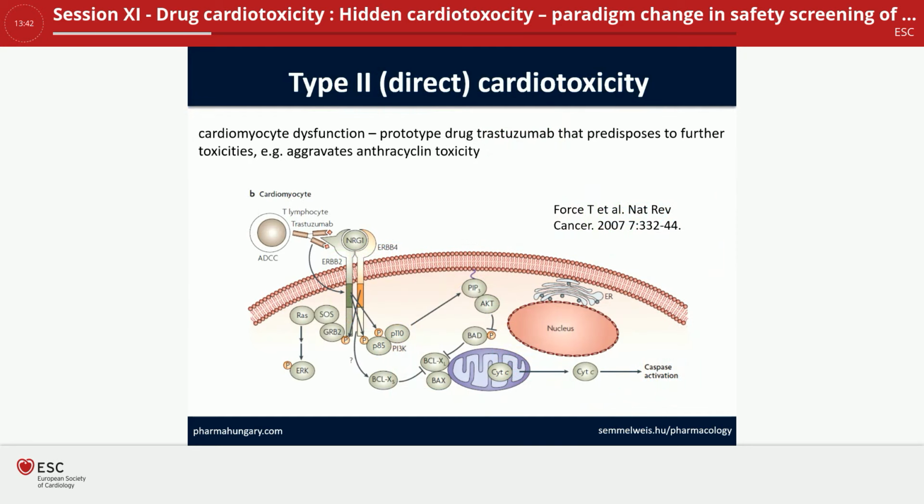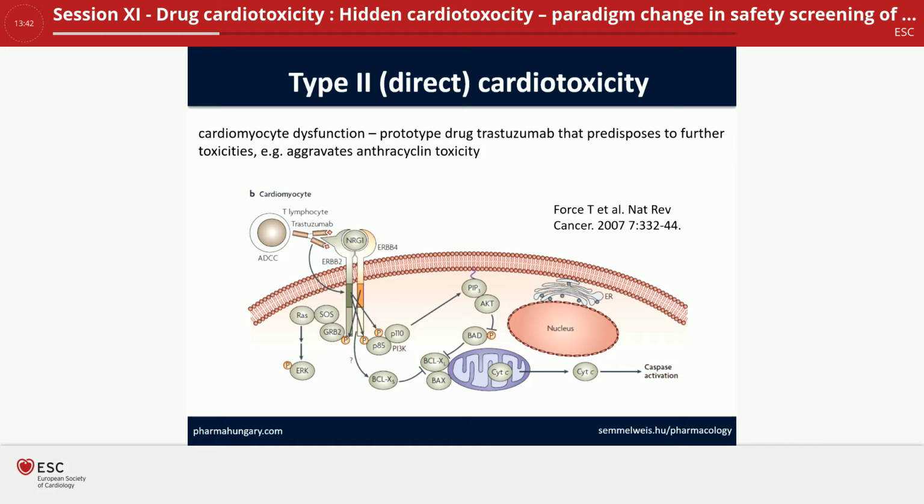So type 2 cardiotoxicity is classified for those drugs which cause cardiomyocyte dysfunction. They don't lead to apoptosis or kill the cardiac myocytes, but usually the effects are longer and milder. According to some assumptions, they are even reversible, but they cause cardiomyocyte dysfunction.